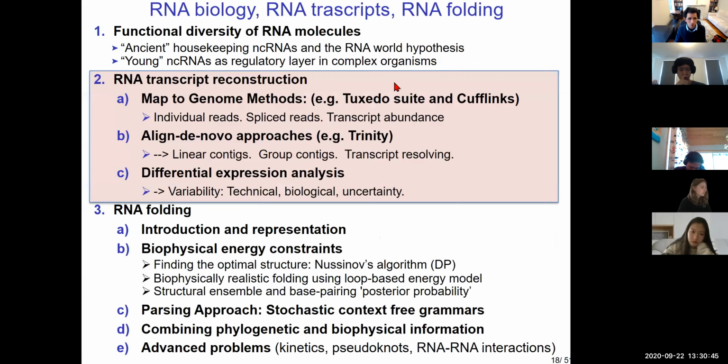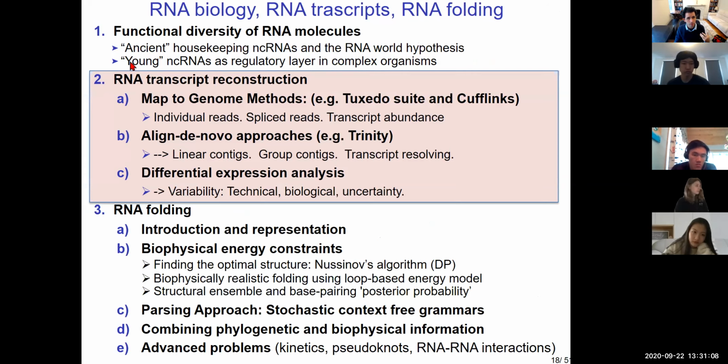Okay, so now that I hopefully have convinced you how awesomely cool RNA is, I talked to you about ancient housekeeping non-coding RNAs and the RNA world hypothesis, which has been solid since the 1960s. So it's probably true.